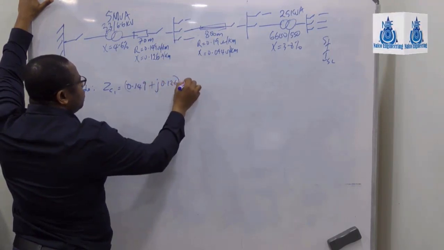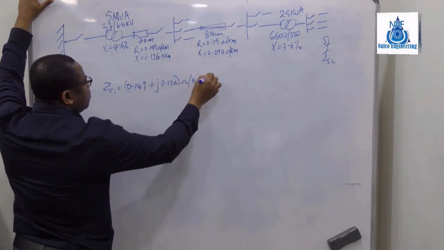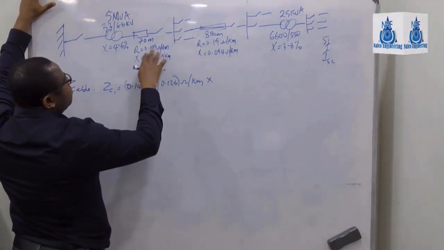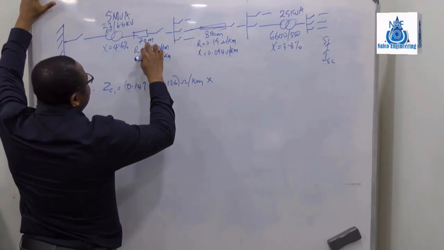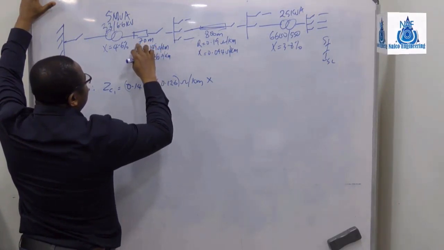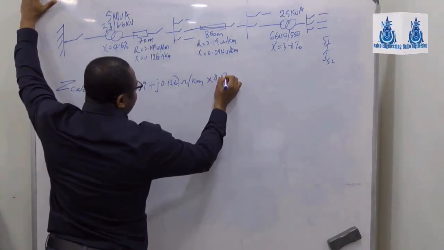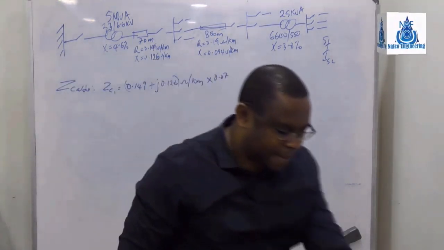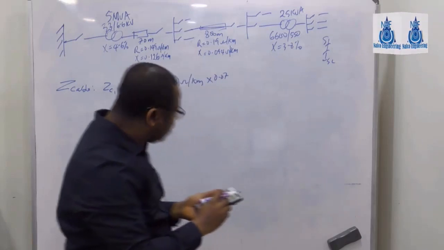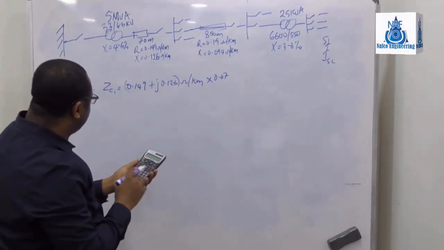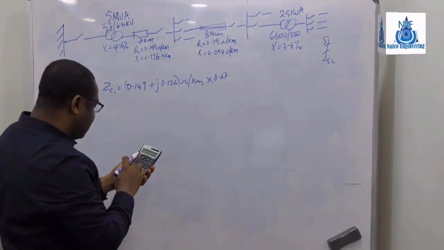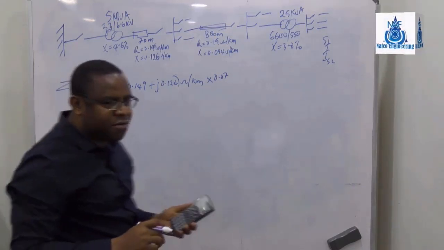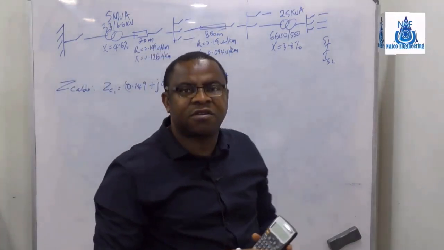This is in ohms per kilometer, so I'm going to multiply this by the length in kilometers. Here it is 70 meters, 0.07 kilometers. That's the impedance of that cable. So remember, this is one of the past questions.